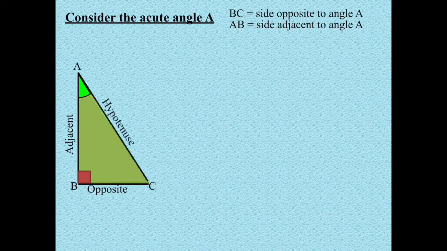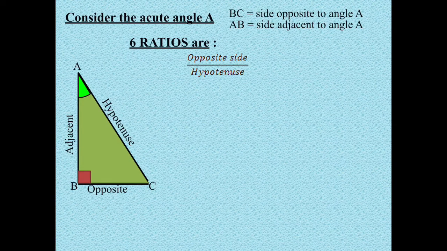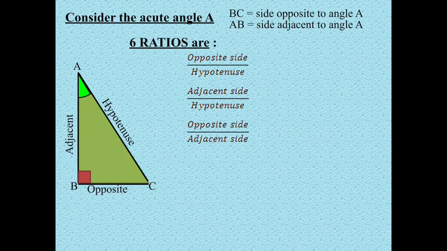So using various different combinations, 6 ratios formed are as follows. One of the ratios can be opposite side upon hypotenuse, then adjacent side upon hypotenuse, or opposite side upon adjacent side.